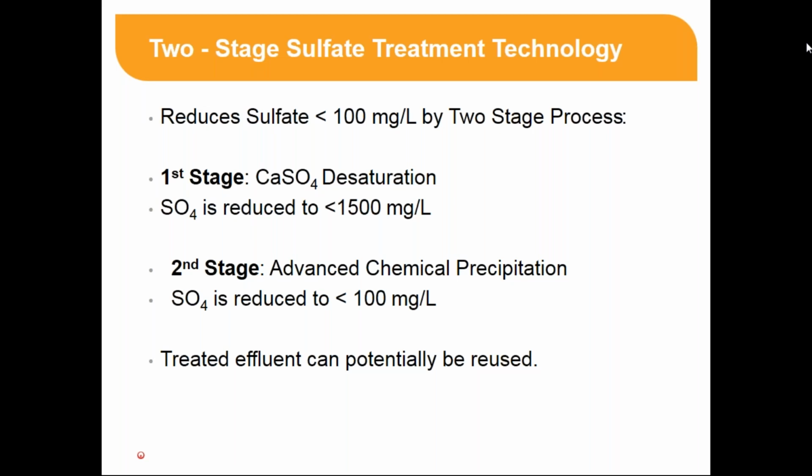The next stage is the advanced chemical precipitation process, where you reduce from 1500 milligram per liter down to 250 milligram per liter, all the way down to 100 milligram per liter. The advantage of this process is you can reuse this water back in your treatment process.